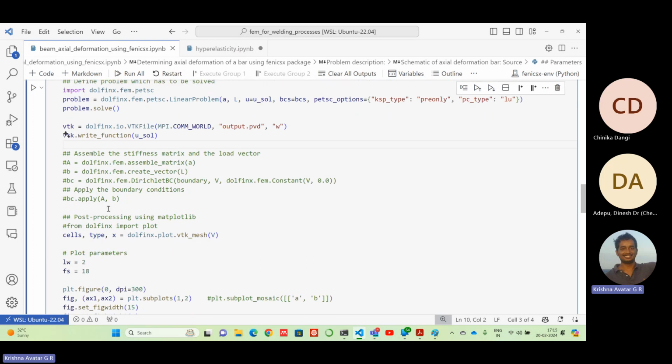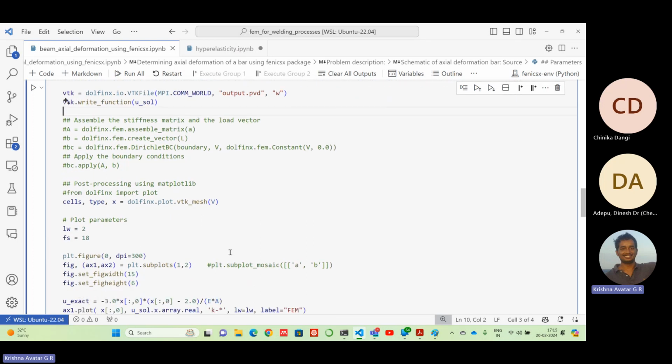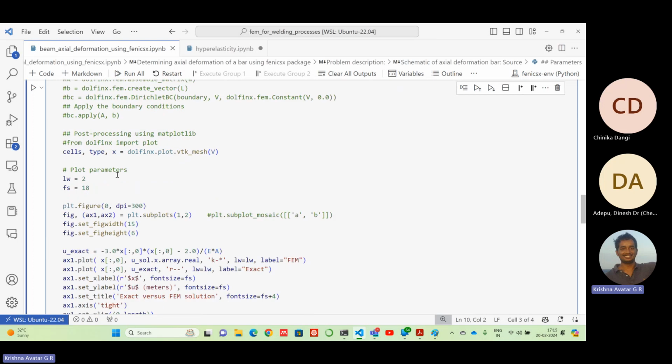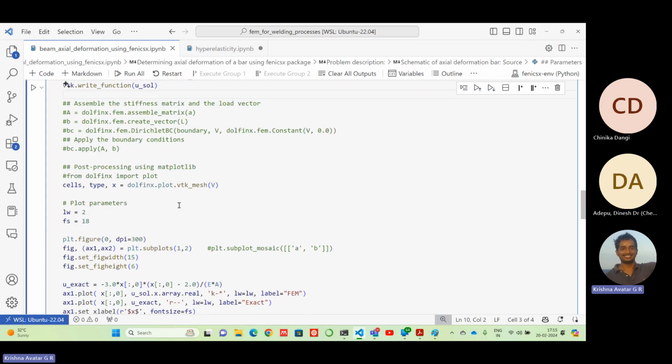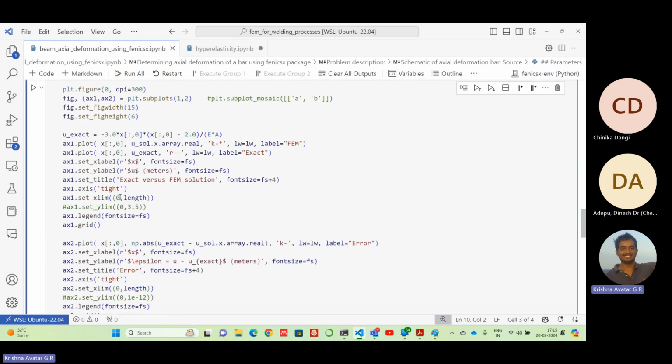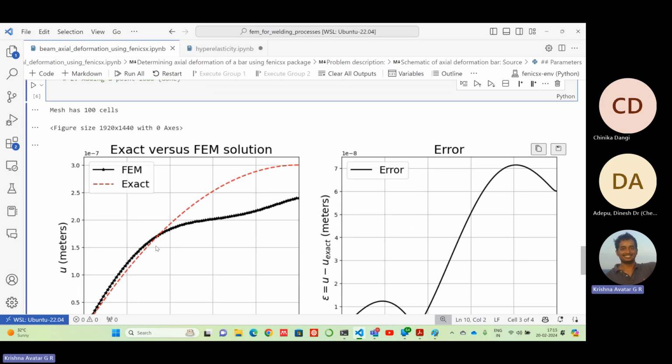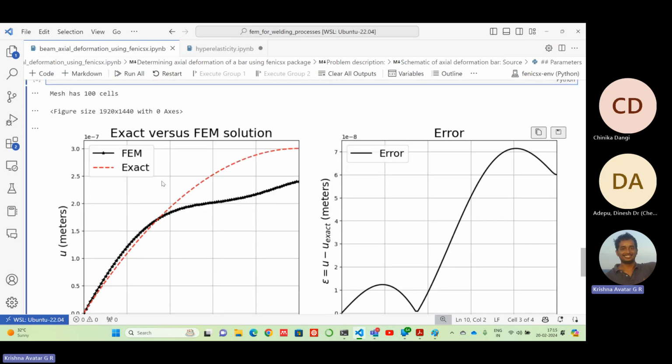And now we come to post-processing using matplotlib. We can also plot the results right here. So I'm telling it the cell type. Now we can define all the cells and what the coordinates are in this function space V, and all the plot parameters. And then we are finally plotting it. The difference is because the exact solution was computed only for the constant coordinate function, right?